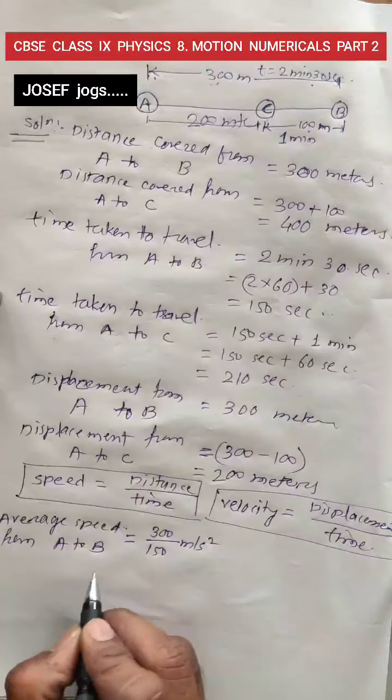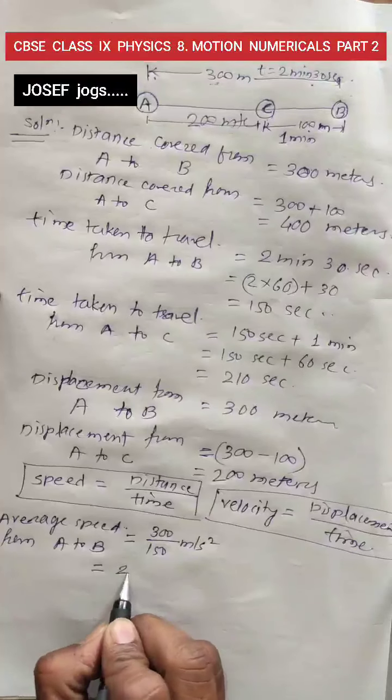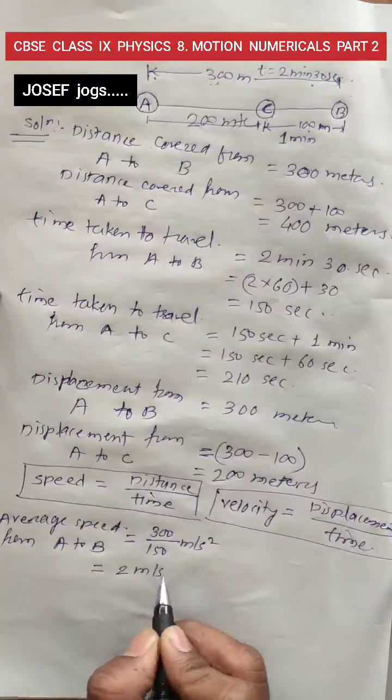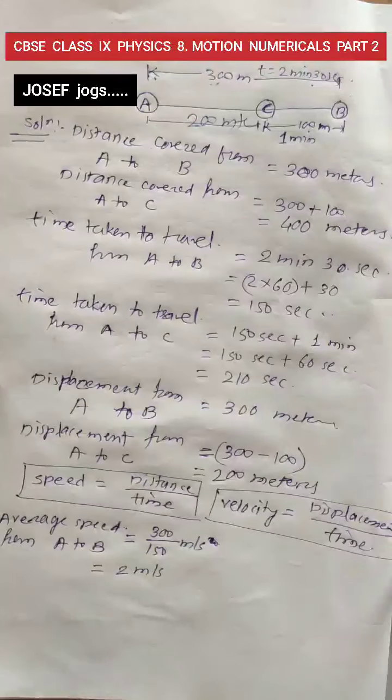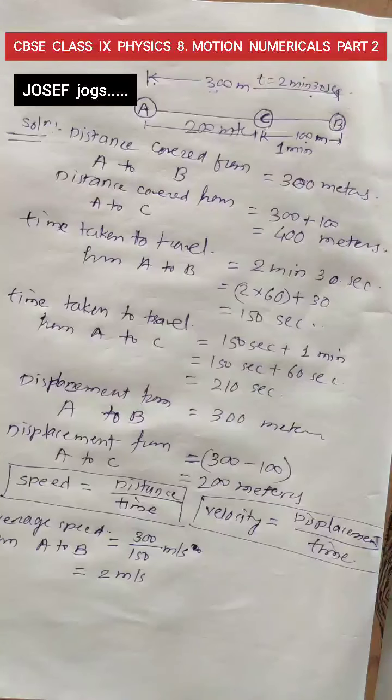Just 2 meter per second. Now it's not an acceleration, it's a speed. So 2 meters per second. Okay. So this is the average speed from A to B.